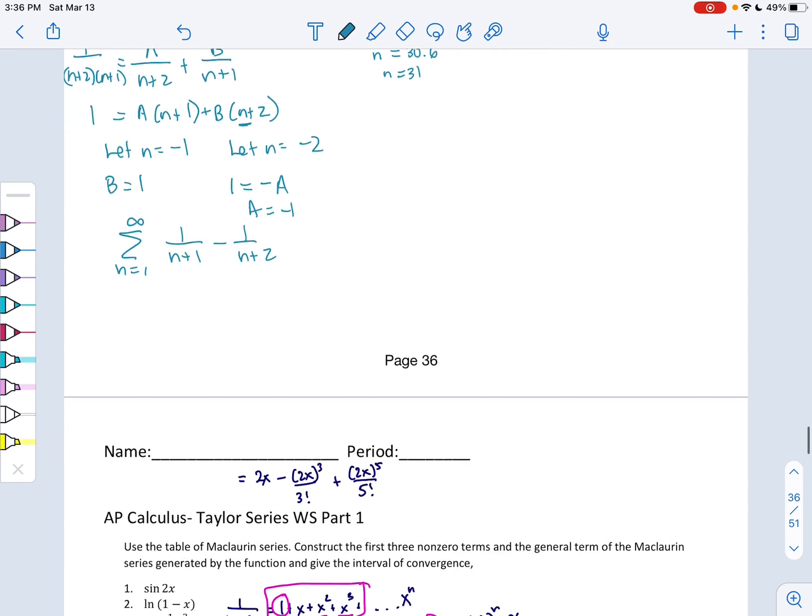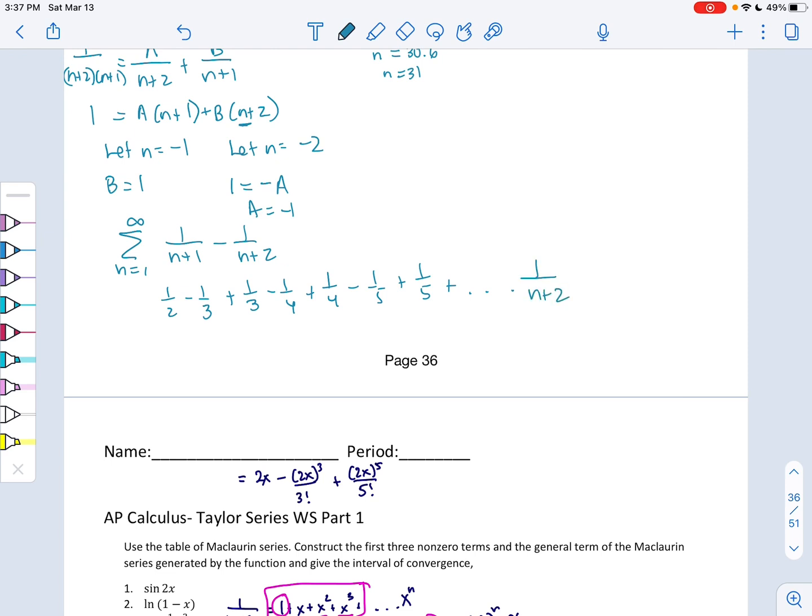The significance of this is that if I were to expand out and plug in 1, and then successively plug in the next index values of 2, of 3, I would get 1/2 minus 1/3 plus 1/3 minus 1/4 plus 1/4 minus 1/5 and then plus 1/5 ... until we get to the very last term, which should be 1 over n plus 2.